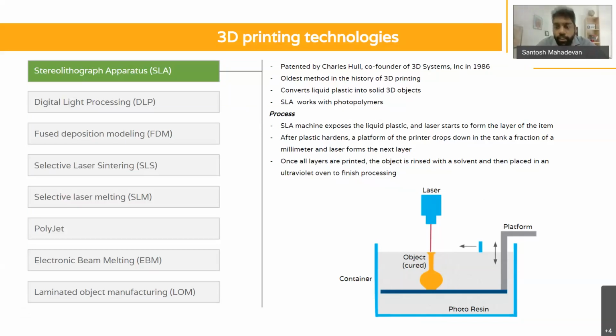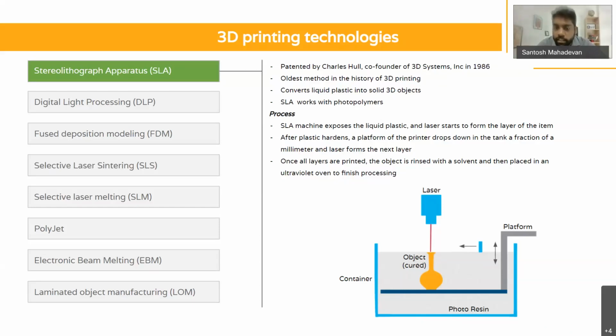To give the part some amount of rigidness for daily use or application, or even for touching it, this formed object is then rinsed with a solvent and then placed under an ultraviolet light for a couple of hours till the photopolymer cures fully.